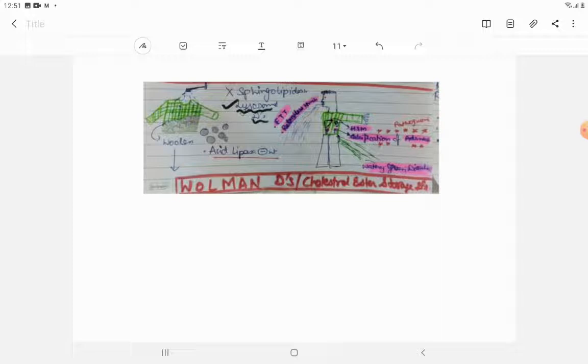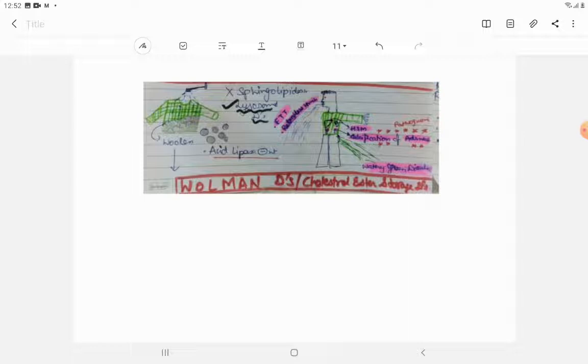So in Wolman disease, or cholesterol ester storage disease, there is a deficiency of acid lipase. First of all, it is not a sphingolipidosis, it is a lysosomal disease. We can also see that the man who wore this green sweater is suffering from this disease, and he's vomiting like anything.